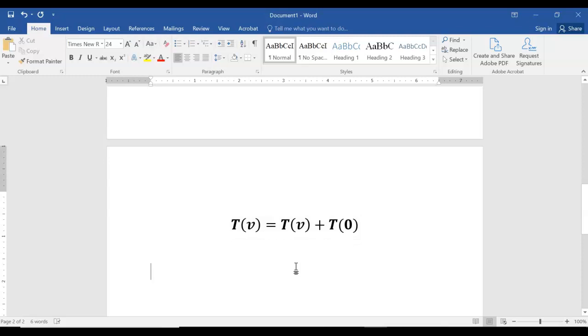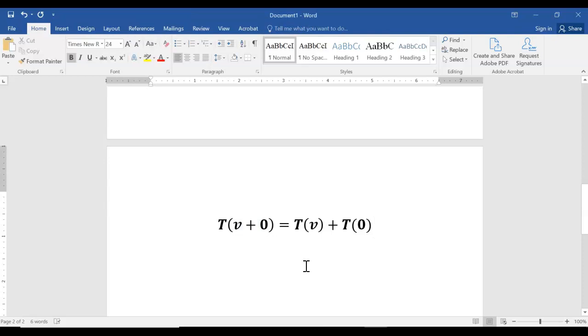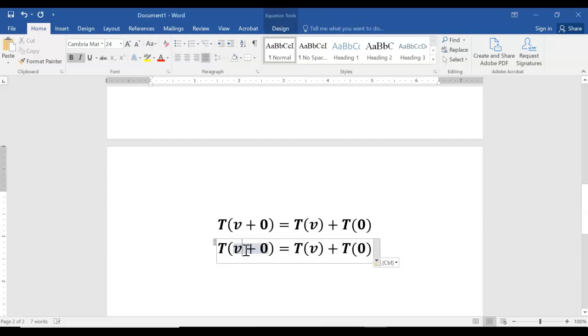Hopefully that's not too arbitrary, but that's what's happening. Again, if you want to do this line by line, you'd say, well, to be linear, we have to have this property. But the left-hand side of that equation, I can simplify because I know a vector plus the 0 vector is just itself.